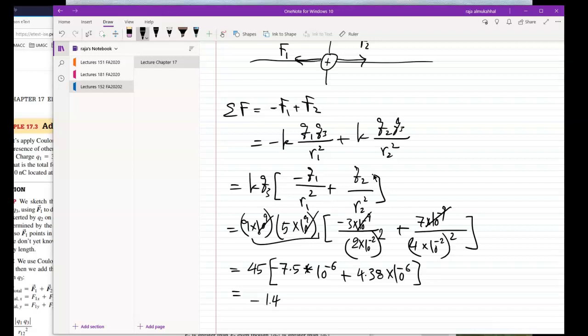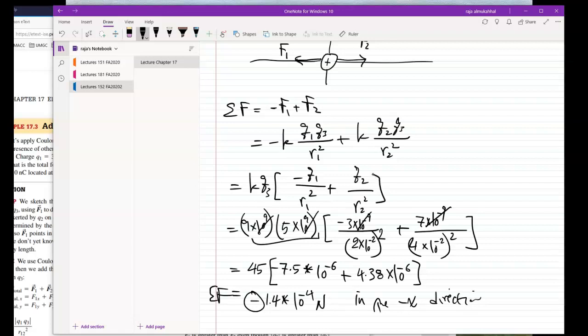And then you calculate this, and you'll end up with negative 1.4 times 10 to the negative 4 Newton. Okay? So that's the net force. What does that mean? What's the meaning of that? Well, it means the net force is in the negative x direction.